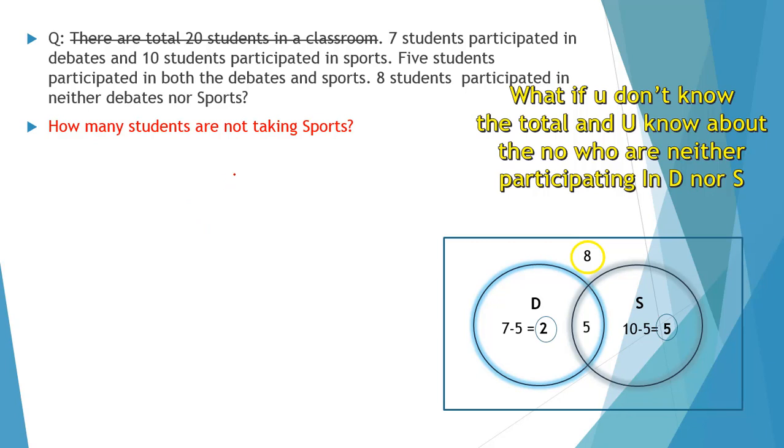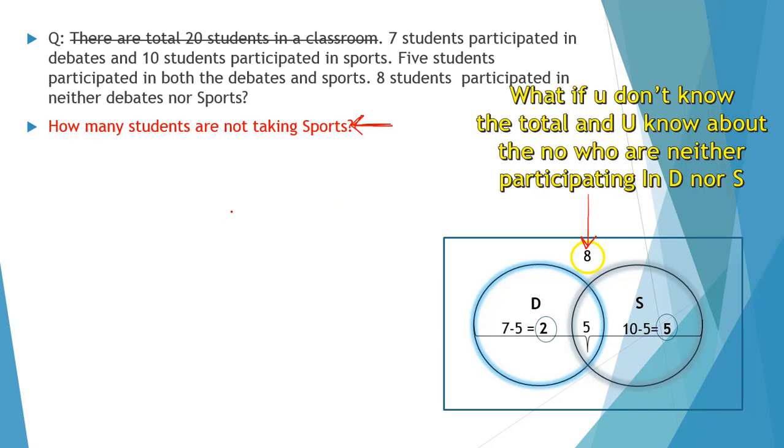Again, taking the same question. Now, what if you don't know the total and you know the number who are neither participating in debates nor sports? And the requirement is the same: how many students are not taking sports?